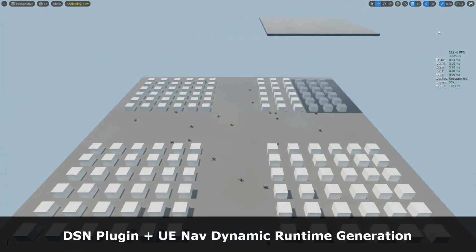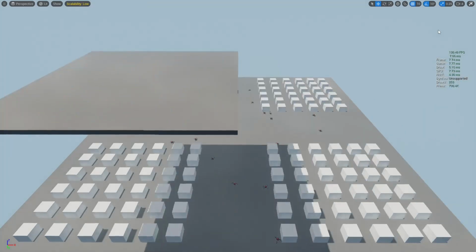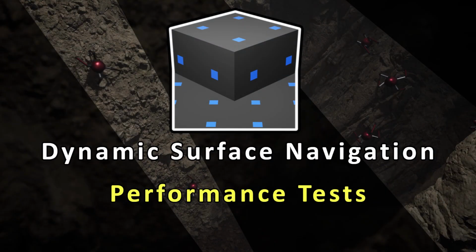Okay, so that is all of the test runs. Something to keep in mind is that the platform that was moving around was about 51 meters by 51 meters by 1 meter. That is a large asset to almost constantly update navigation for.